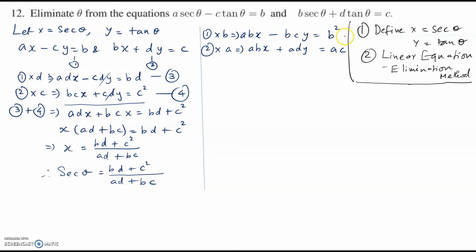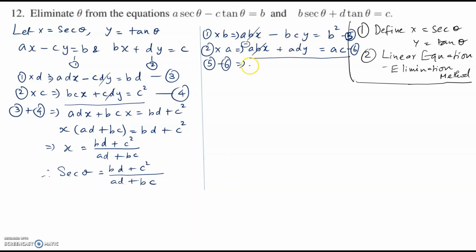Now if we take this as 5 and this as 6, and if we do 5 minus 6, then you would get, since it's a minus here, these two terms disappear.